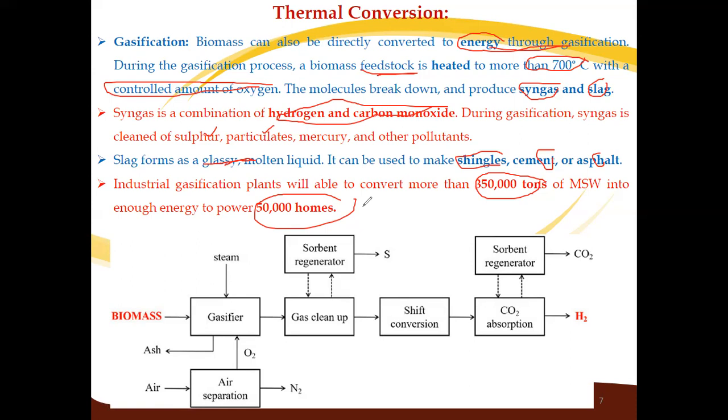One of the largest gasification plants in the world is currently under construction in England, and this plant will eventually convert 350,000 tons of municipal solid waste into energy that will power almost 50,000 homes. So these are the methods of gasification.